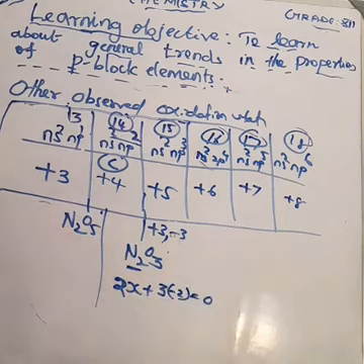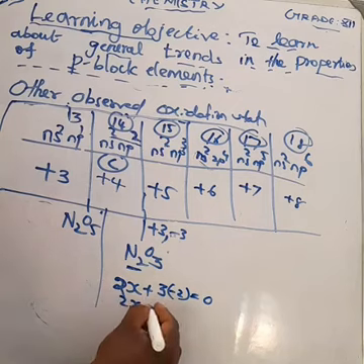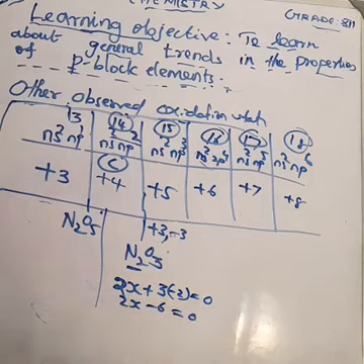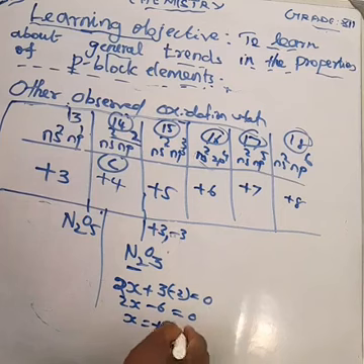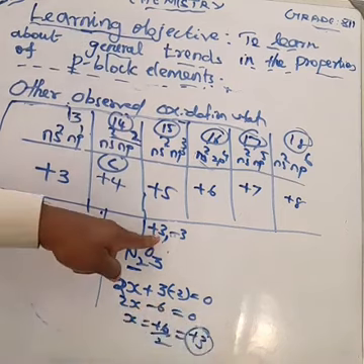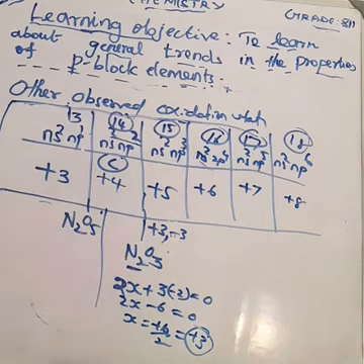So 3 into minus 2 equal to 0. 2X plus 3 into minus 2, that is minus 6, equal to 0. X is equal to plus 6 by 2. So we get X is equal to plus 3. Am I right? So example is what? Dinitrogen trioxide. The oxidation state X is equal to plus 3.